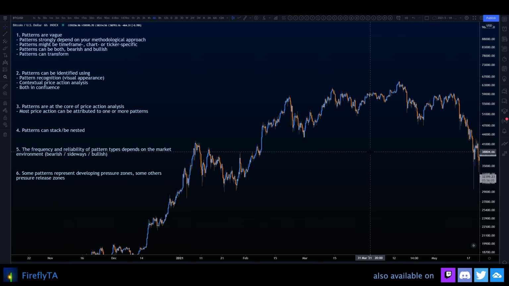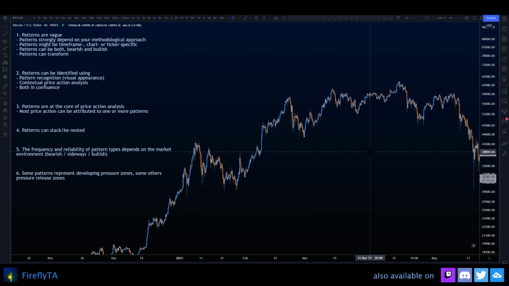There are some rules we have to keep in mind, and there are patterns that occur more often in bearish environments, and some that occur more often in bullish or sideways scenarios, but their reliability is also changing.